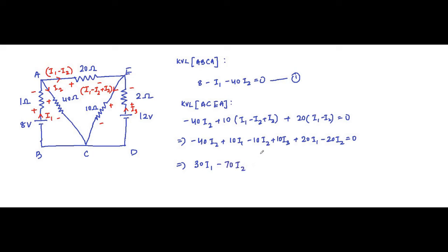Then I3 is only 1, so plus 10 I3 equals to 0. This is the equation 2. So let us just put them in boxes, this one and this one.